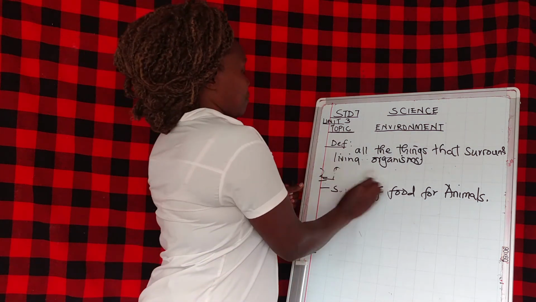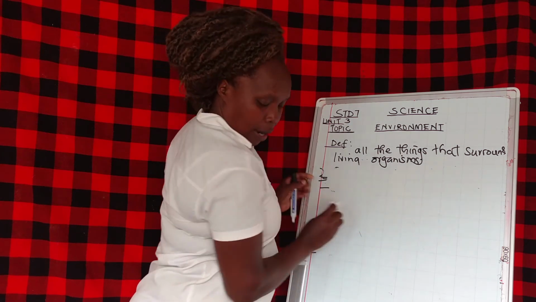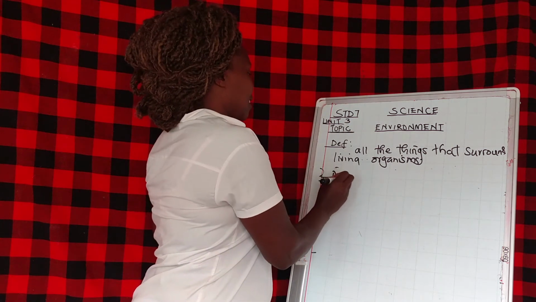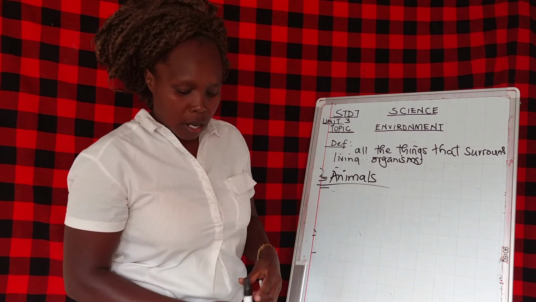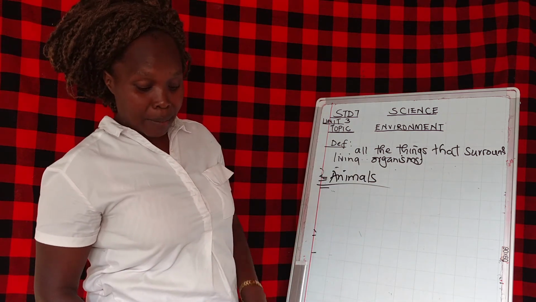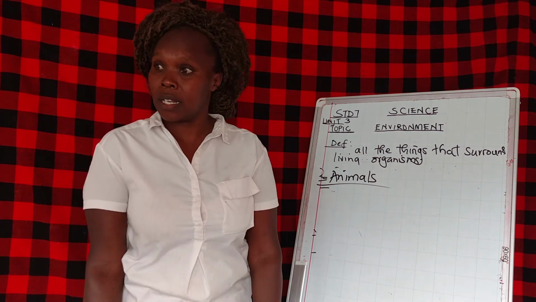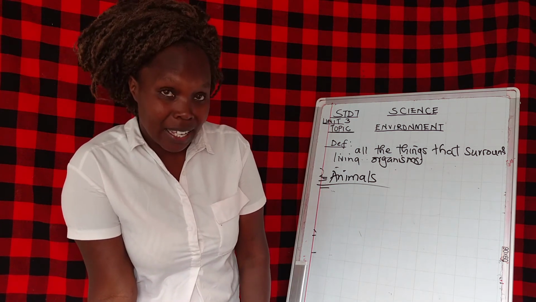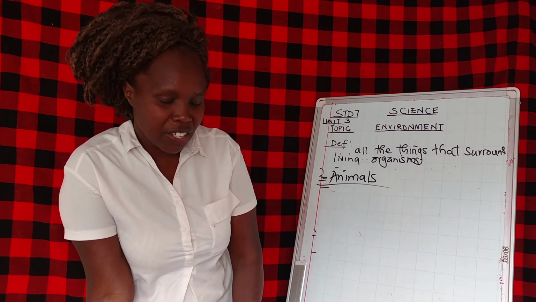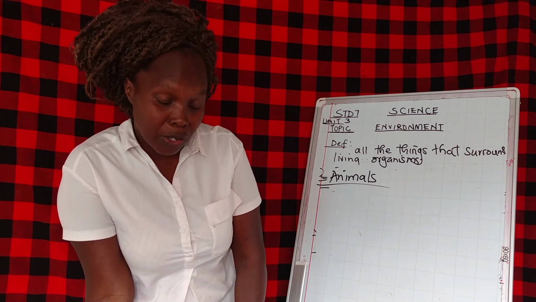Let's look at animals as a component of the environment. Animals are found in different habitats in the environment. Some animals live in the air.